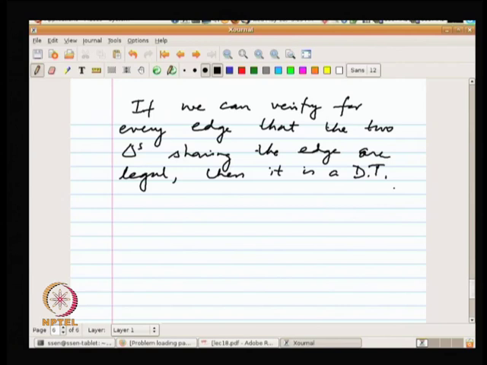Which basically means that I am doing only local checks. I am looking at the triangulation. I am not trying to check with respect to every point.